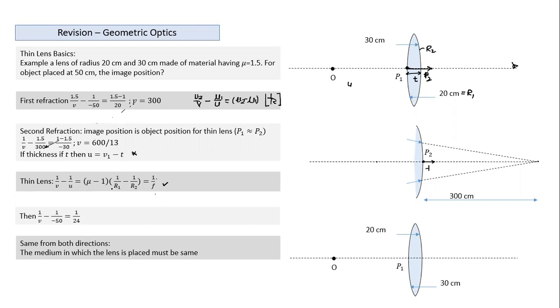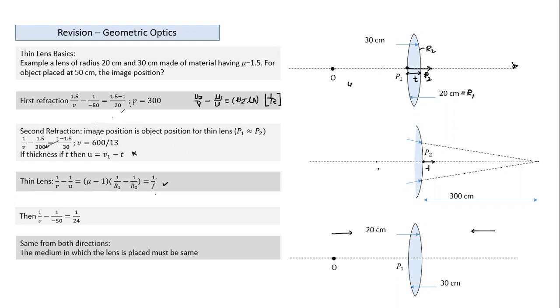We can also understand this in terms of the formula. Again, we'll see later how we use that part. This term still comes out the same. Focal length remains the same, so it is independent of which orientation we place the lens. If the rays are traveling in the other direction, if you reverse, object is placed here, image is forming here, even then the focal length remains the same.